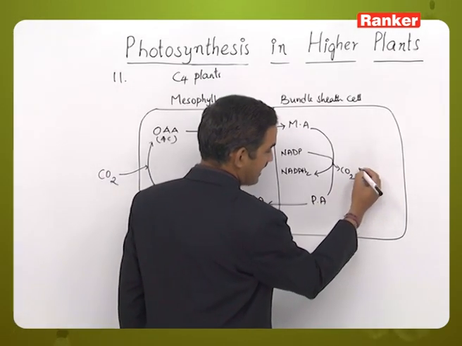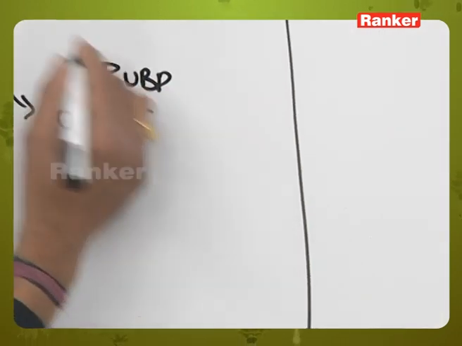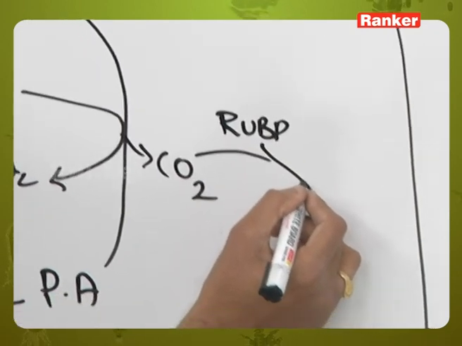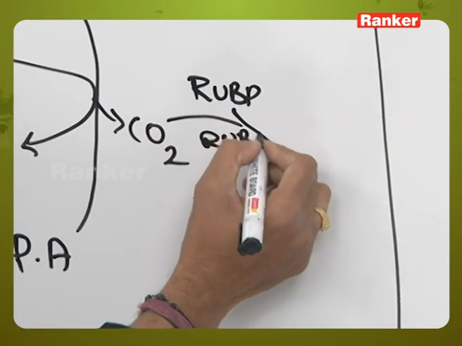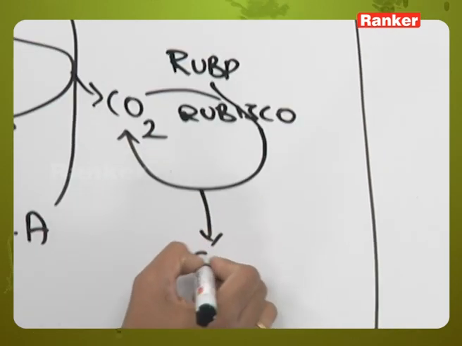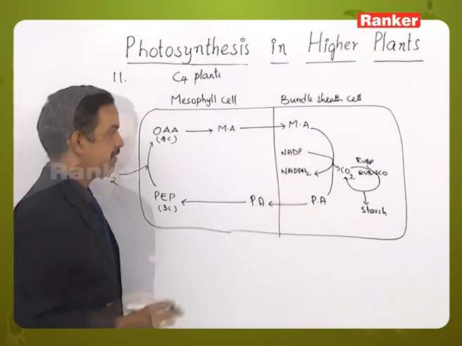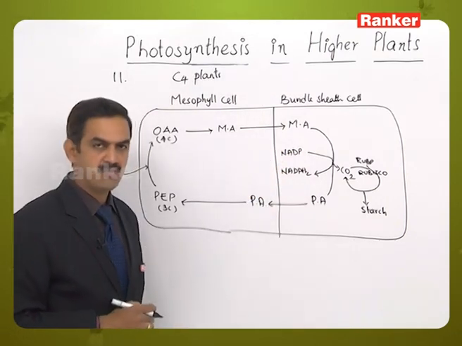Here the carbon dioxide is accepted by RuBP, which is present in the bundle sheath cells, in the presence of an enzyme called Rubisco, and this helps in the formation of starch molecule. So this is a brief account of the substances formed during the C4 cycle.